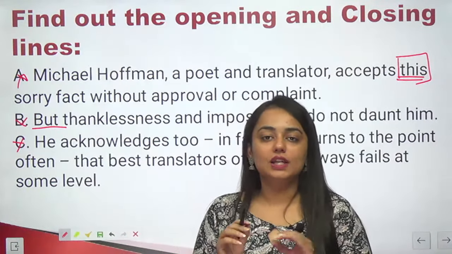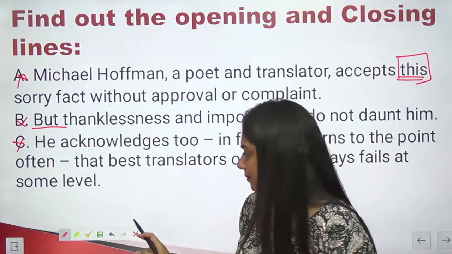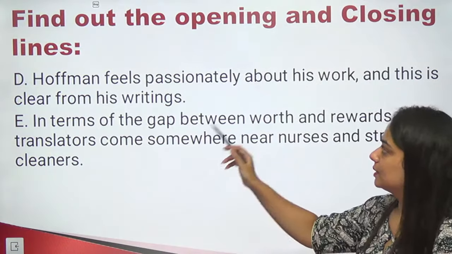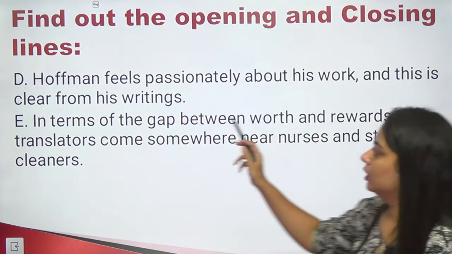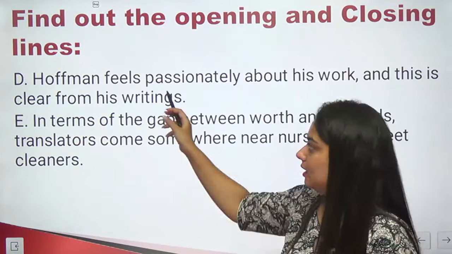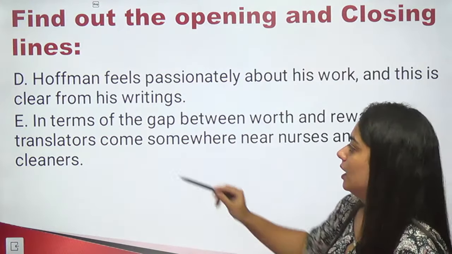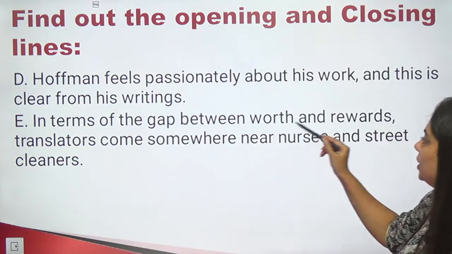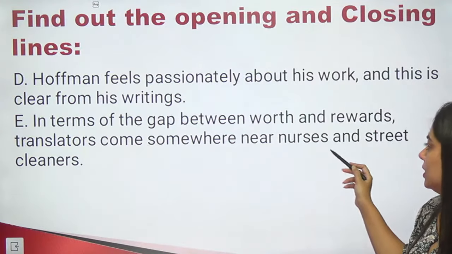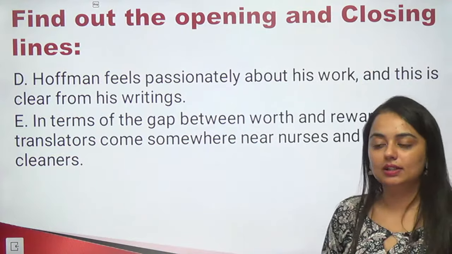See, we've easily negated 3 options. And then we are left with 2 options. Hoffman feels passionately about his work. Just Hoffman. The full name has not been given here. This again cannot be the opening line. In terms of gap between worth and rewards, translators come somewhere near nurses and street cleaners.